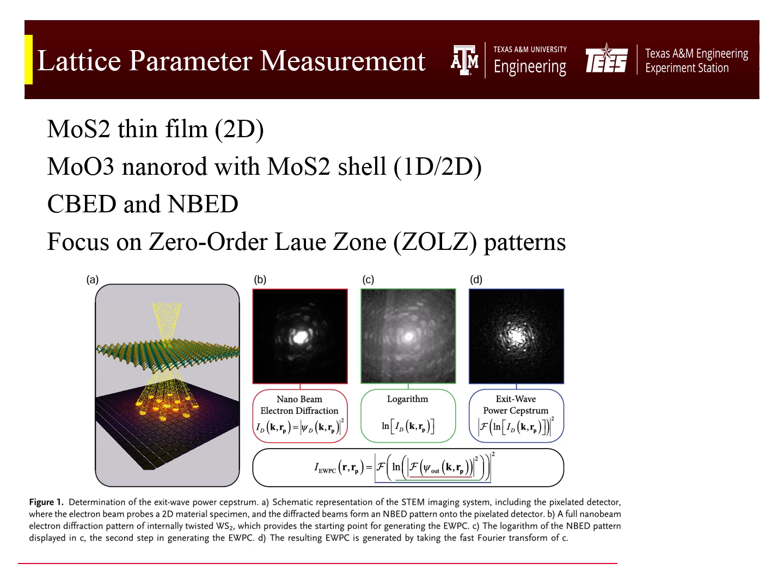In this technique, the EWPC extracts the key lattice information from the nanobeam electron diffraction pattern. This intensity, recorded on the pixelated detector, corresponds to the electron wave's power spectrum, which carries information about interatomic spacing. By applying cepstral analysis, the EWPC highlights the sharp peaks representing specific lattice distances, even in noisy data. This allows us to distinguish tiny lattice parameter variations, essential for accurate strain measurement.